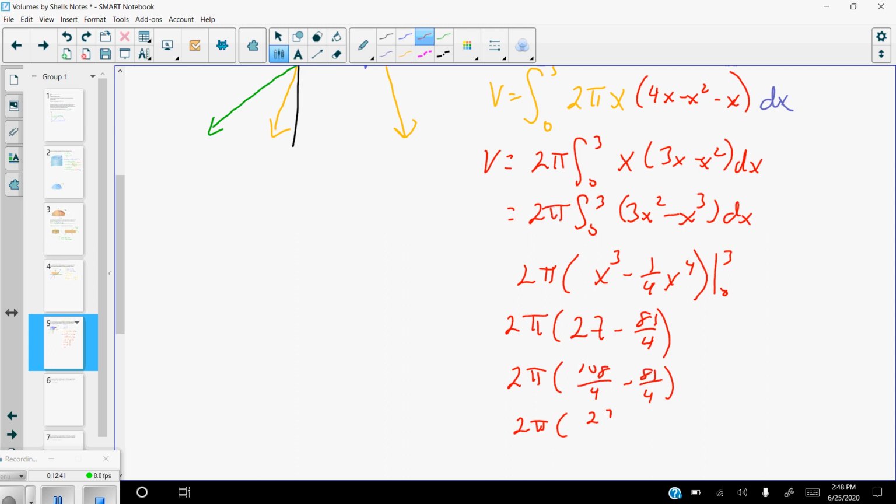Yeah, that sounds right, 27/4. If I multiply the 2 pi in there, I'm going to get 27/2, so it should be 27 pi halves for our answer. So we get 27 pi halves, if I did that correctly. Does that look right? I think so. Okay, we'll come back and we'll do example 3.